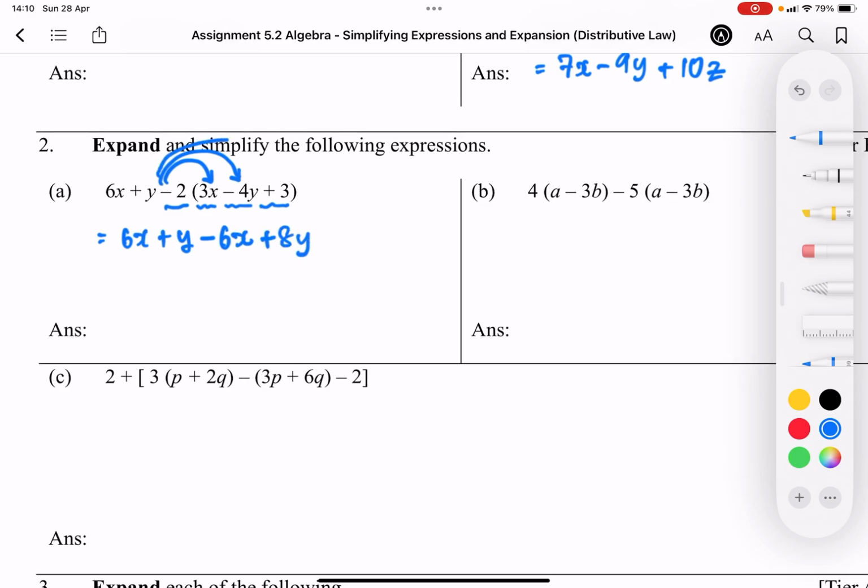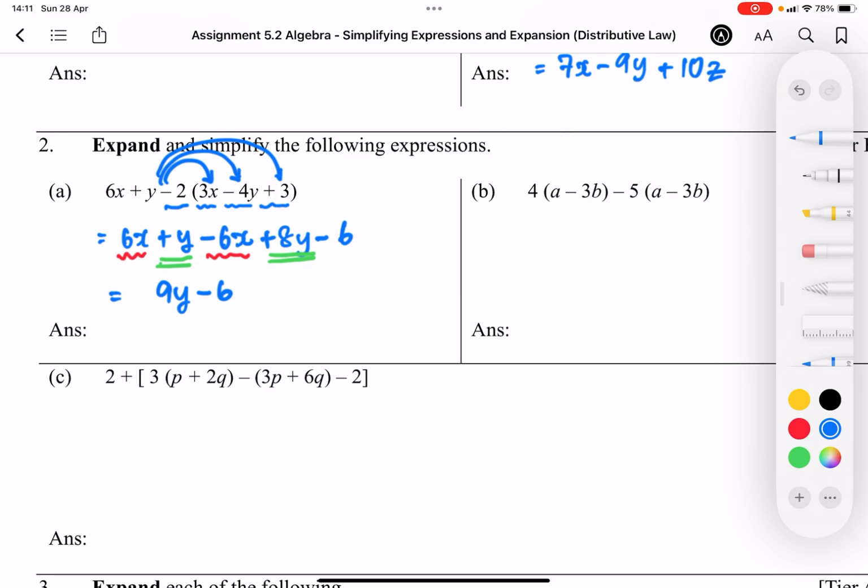And negative 2 times the positive 3 will give negative 6. So with this, let's look for the like terms here. You notice that the x term will be gone. So now we are left with 9y and then minus 6.